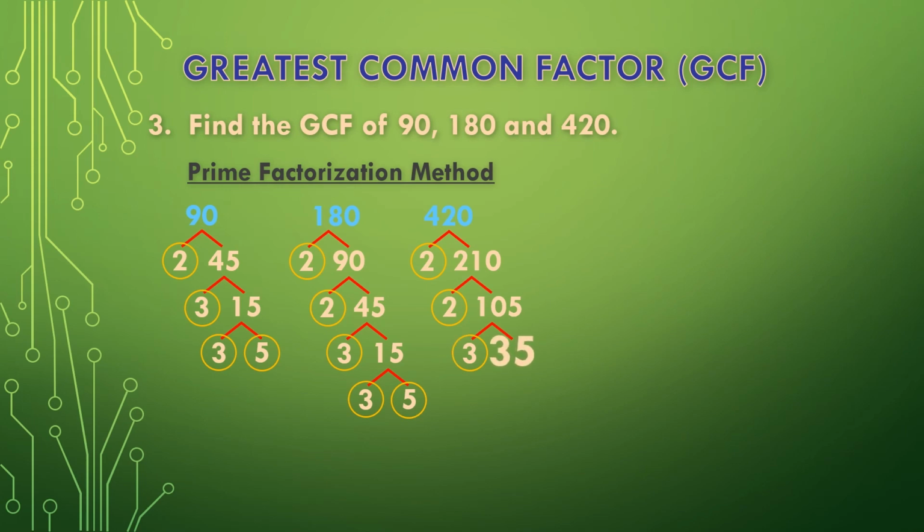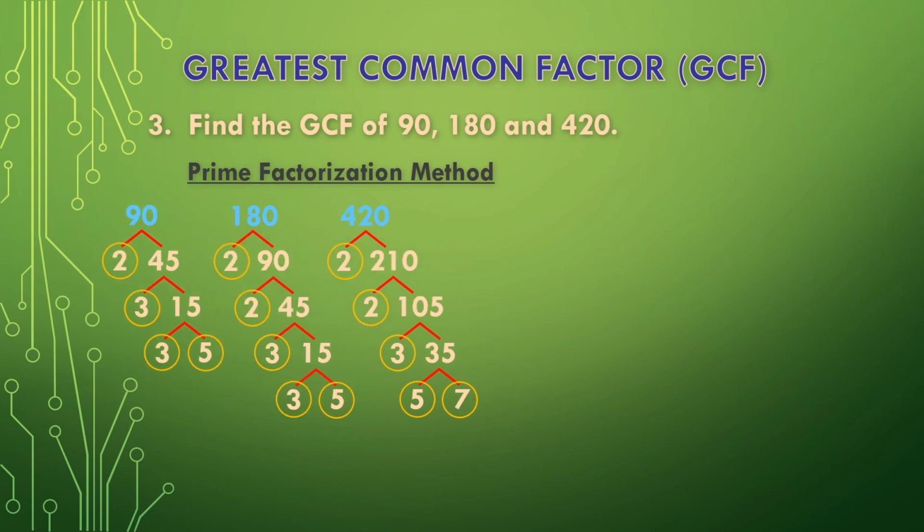Let's factor 35 into 5 and 7. 5 times 7 is equal to 35. 5 and 7 are already prime numbers, so let's encircle them. These encircled numbers are the prime factors of 90, 180, and 420.